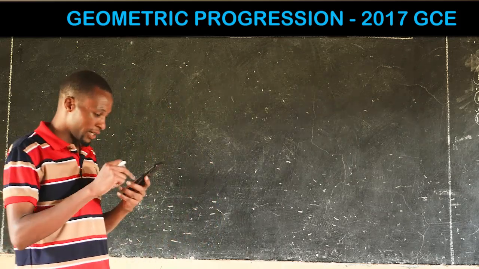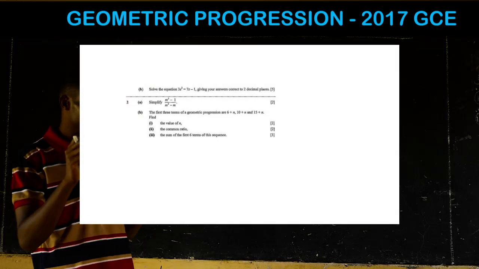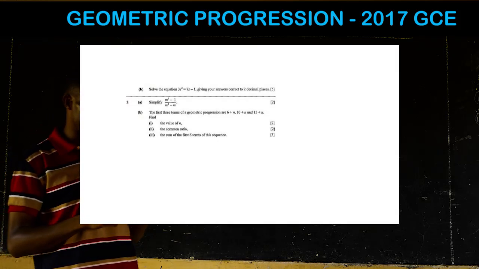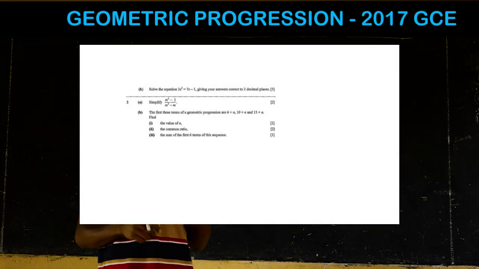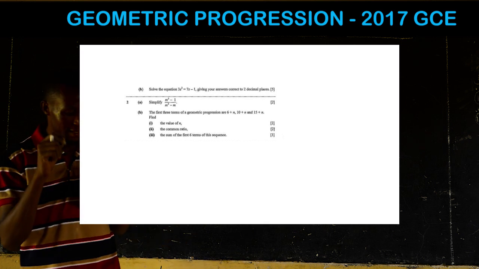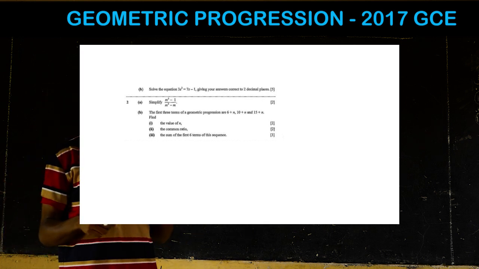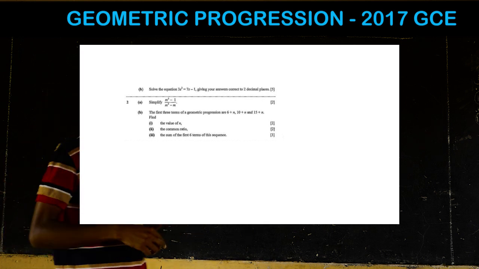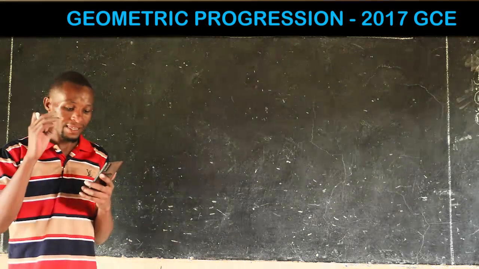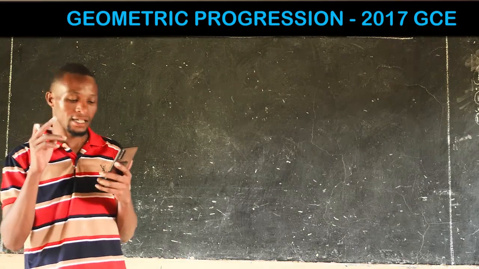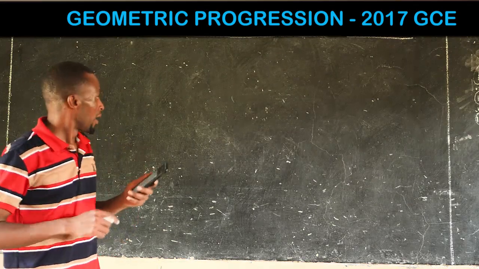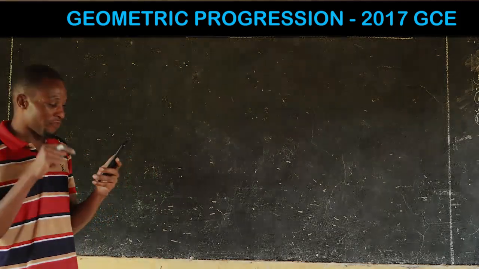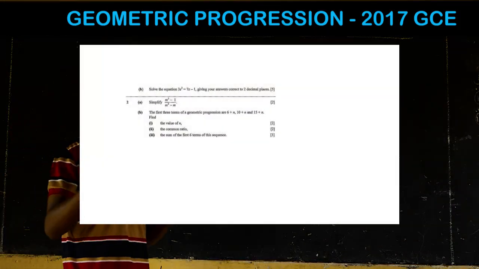The question reads: the first three terms of a geometric progression are 6 plus n, 10 plus n, and 15 plus n. Those are the first three terms. The first question says, find the value of n.